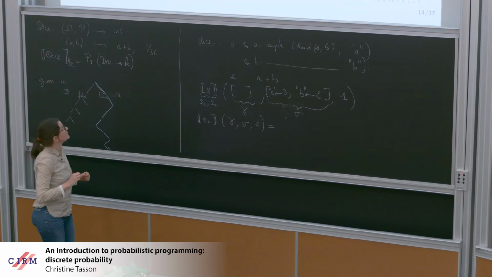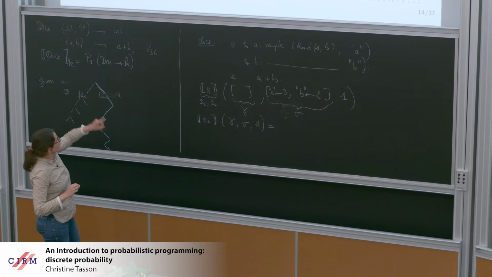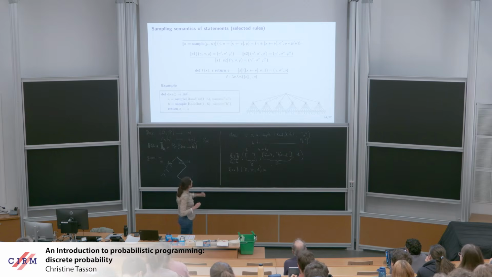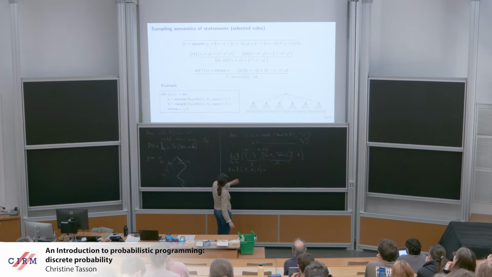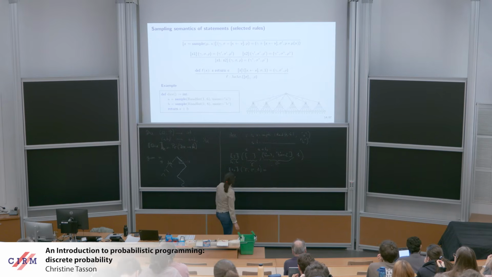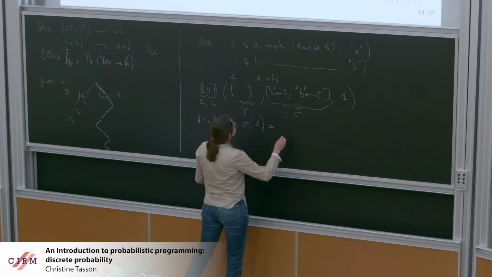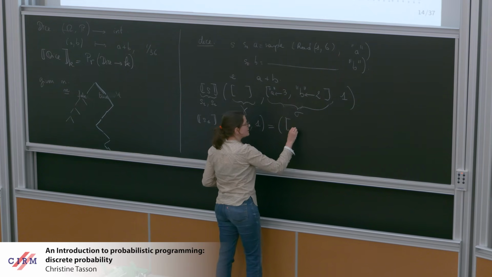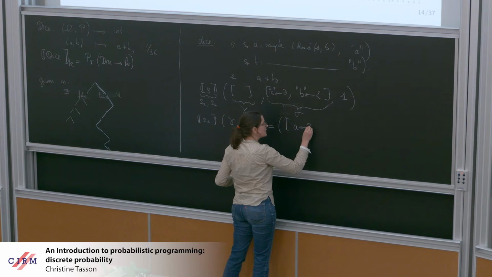So what will happen? Oh, okay, so S1 is a sample, so I can use my rule, sample in random, 1/6. So what's happening? What is gamma by the end of the day? Okay, so my new gamma is I equal 3.